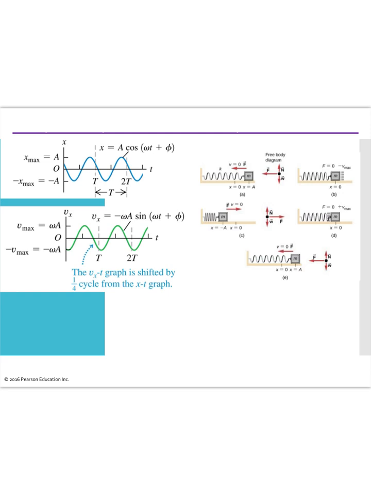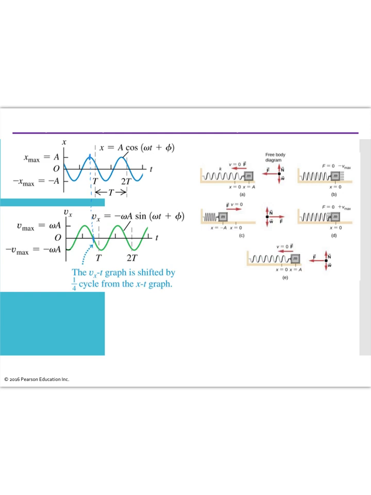For instance, when our position is at a maximum amplitude, if we go down, we find that at that location the velocity is 0, which should make sense, because if the mass on a spring is oscillating back and forth, when it gets to its maximum displacement, it's actually turning around. And so it has to have a velocity of 0.